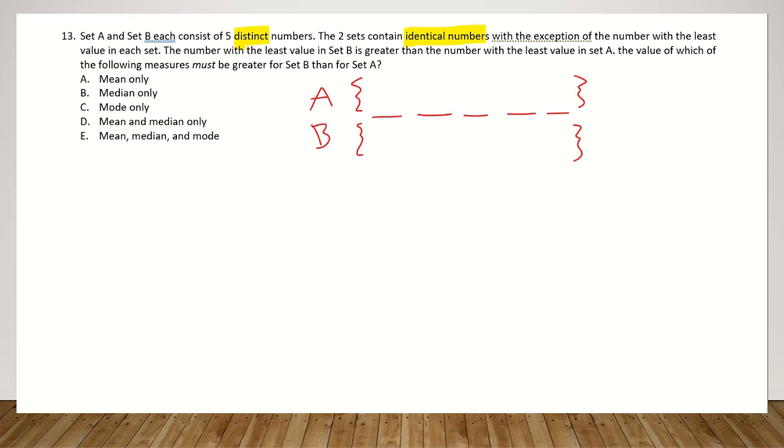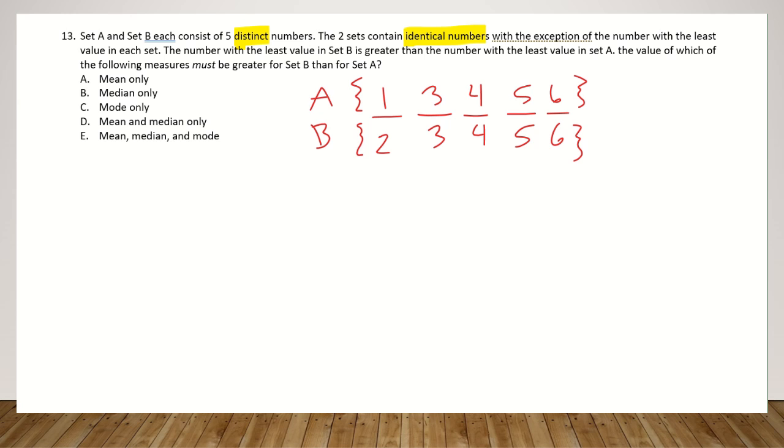And we know that the smallest number in set B is bigger than the smallest number in set A. So let's say if the smallest number in set B was 2, then the smallest number in set A could be 1. That way B is bigger. And then the rest of them are identical. Okay, and distinct, no repeats. So there we go. We have now made 2 sets that meet the qualifications.